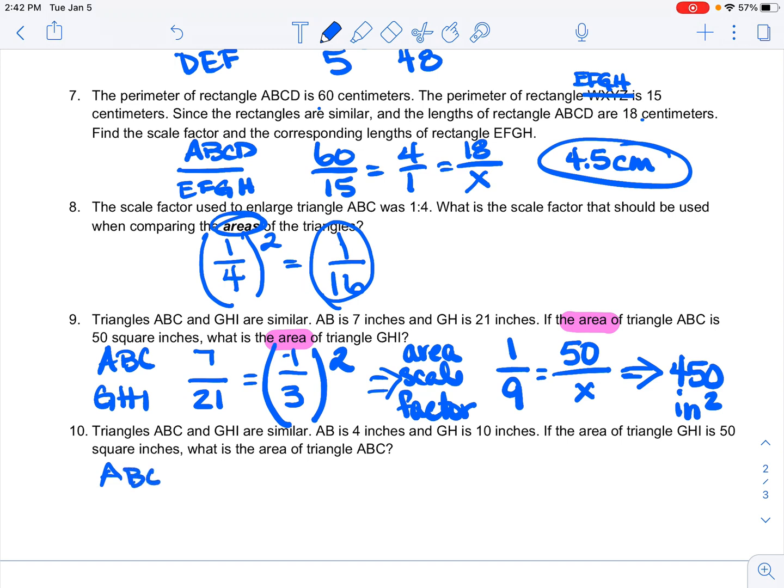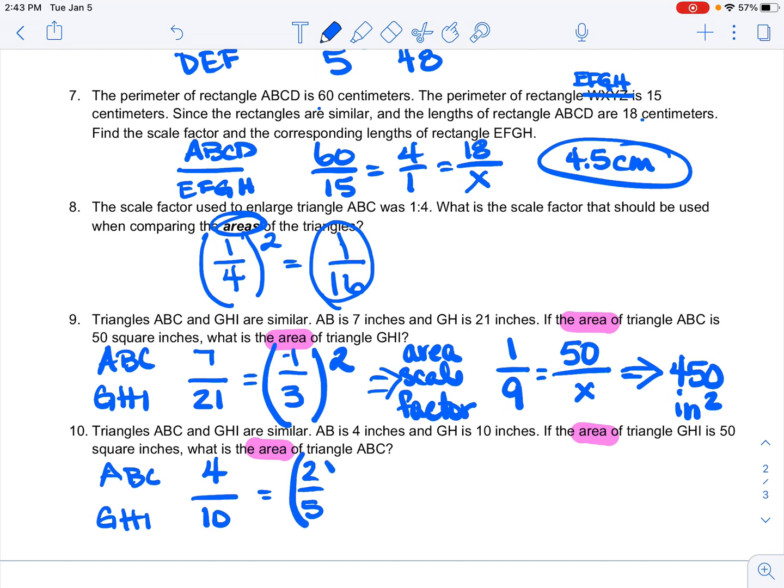One last time. So we have side lengths. AB is 4 and GH is 10. We can reduce this to find the scale factor. That becomes 2 over 5. But now the question is looking at area.